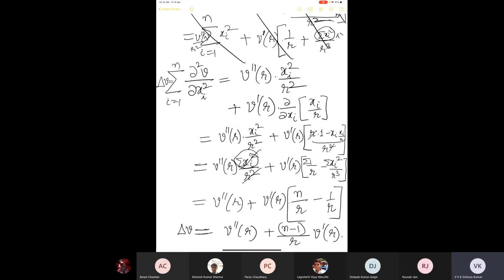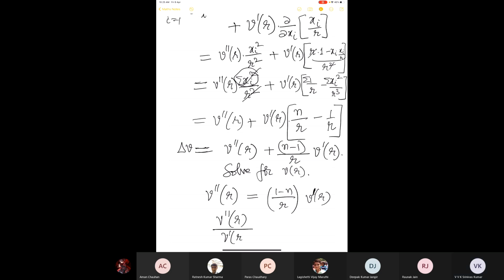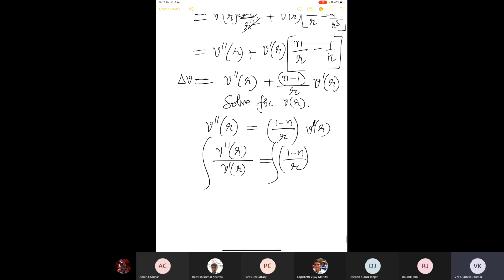Okay, so we can solve this now. We can solve this easily by integrating. How to solve? Just take this to the other side, v prime of r, and now divide by this thing. Now integrate both sides.